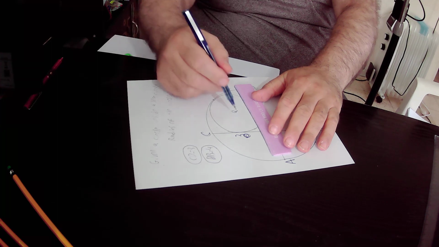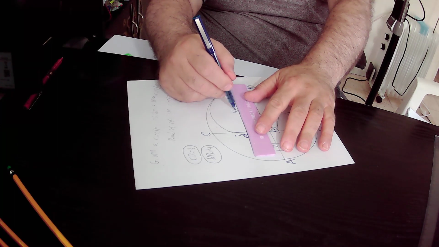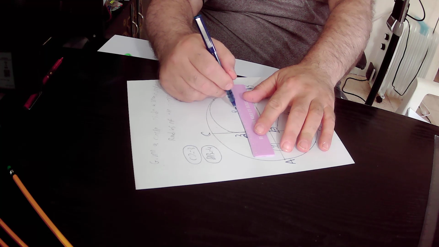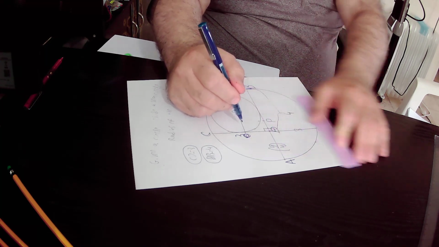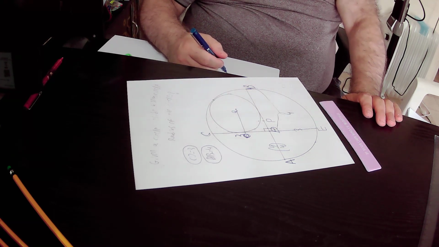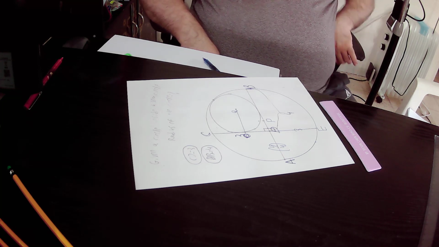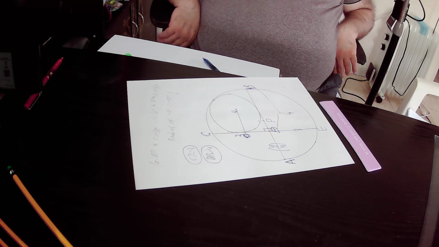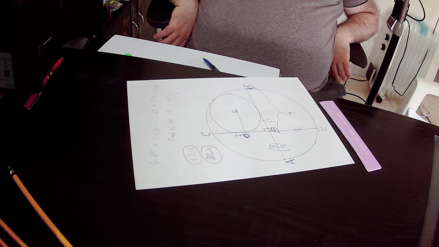So we draw the radius of this circle to the point of tangency. So QO is the radius of the small circle because point Q is the center of the small circle and point O is the point on the small circle itself.